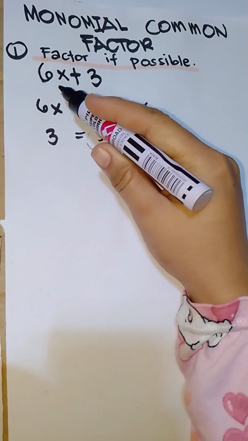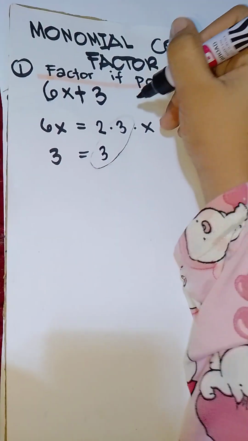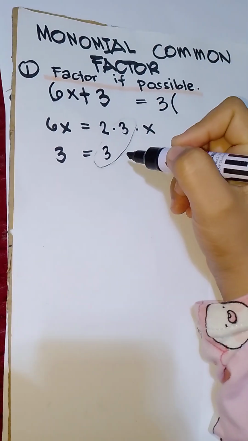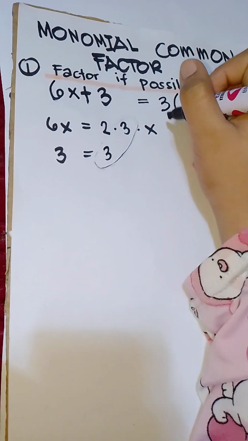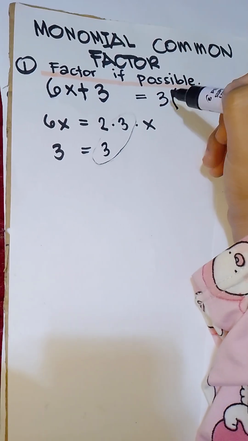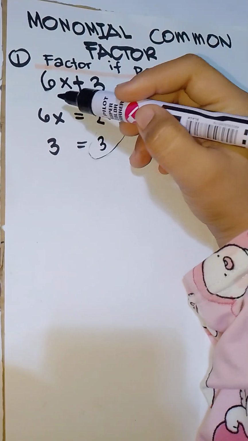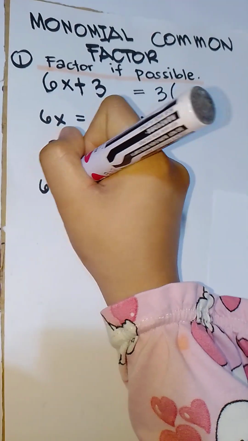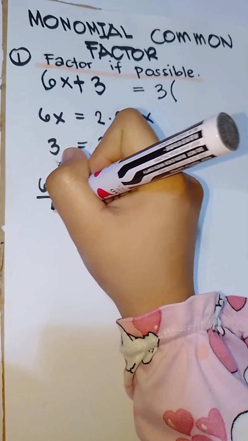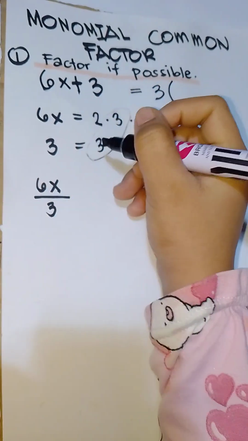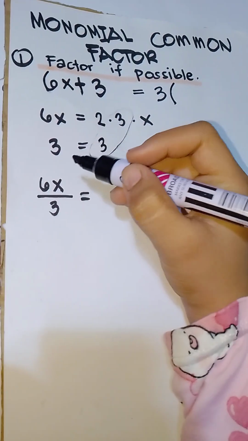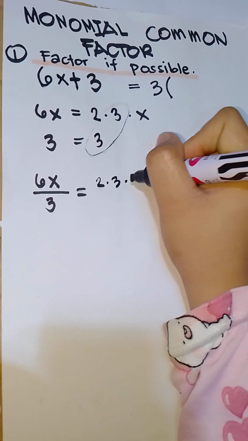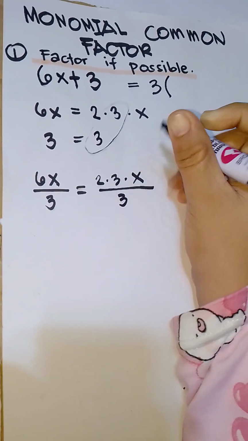Therefore 6x plus 3 is equal to 3, the common factor. After that, we're going to divide 6x by 3 and 3 by 3. So we have 6x divided by 3, which is equal to 2 times 3 times x over 3.